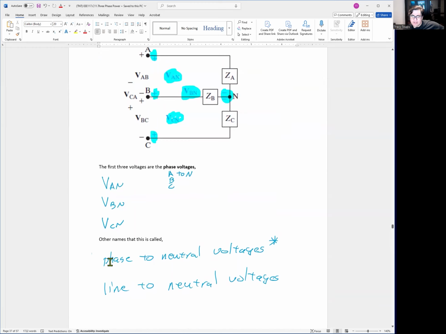Another way to call this is a line to neutral voltage as well. So phase and neutral voltages and line to neutral voltages are kind of mixed back and forth. If you want to be technical, line to neutral is probably the more formal definition, but I've heard phase and neutral pretty commonly as well. The big difference here is just notice the neutral right here. That's the big takeaway.